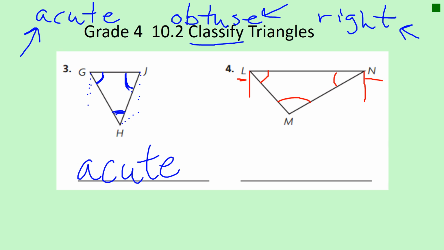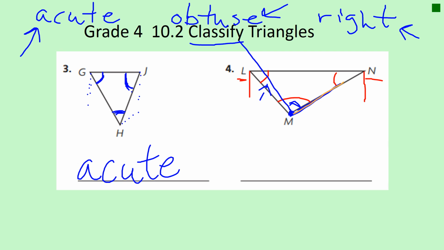So if you have a sheet of paper, an index card, line up one side right there, put the corner on the corner, and your paper probably will come right up there. And that would be a right angle. What's this part? That part makes it greater than a right angle. Okay, I'm going to trace that again in yellow.